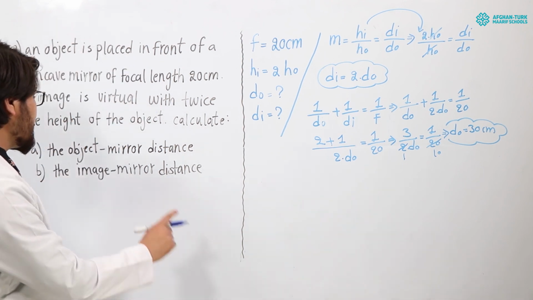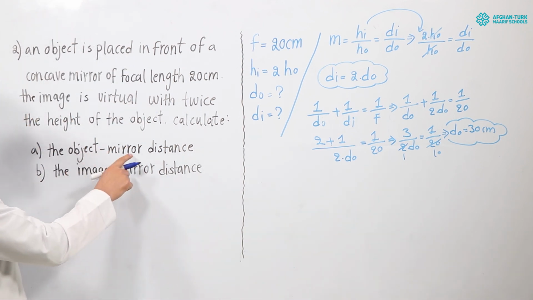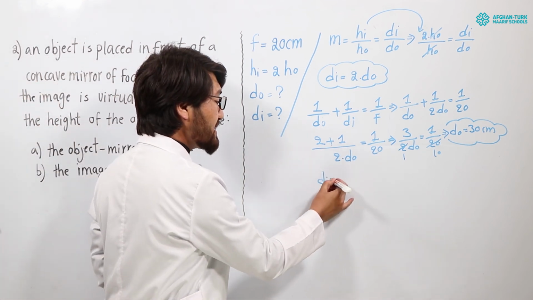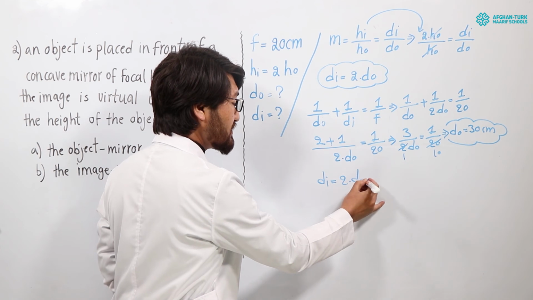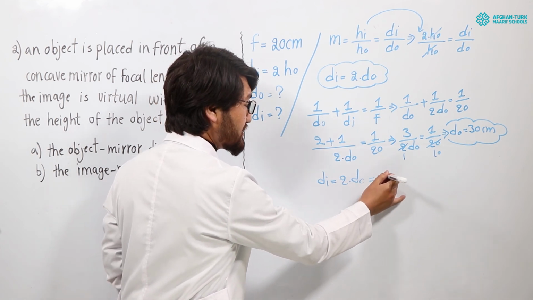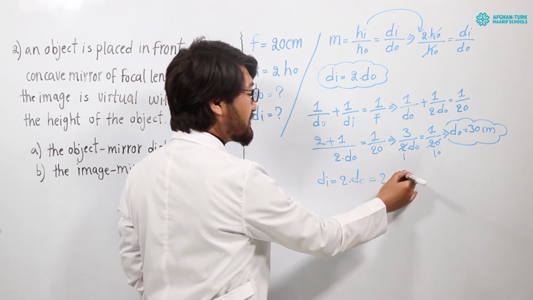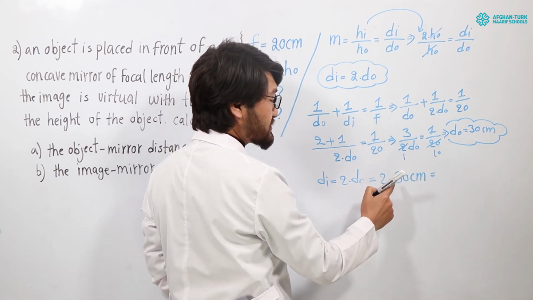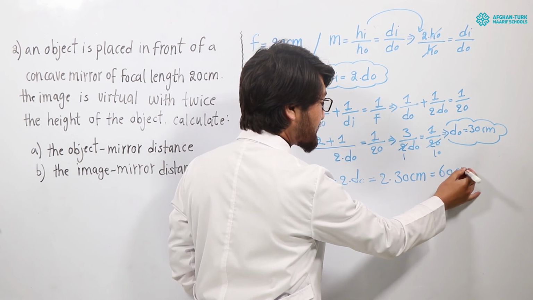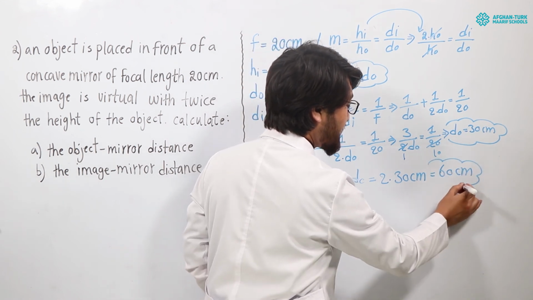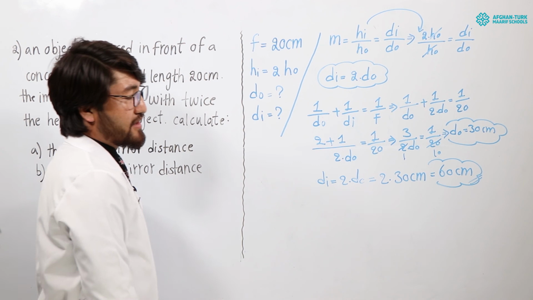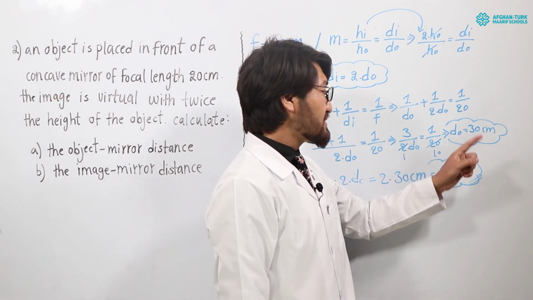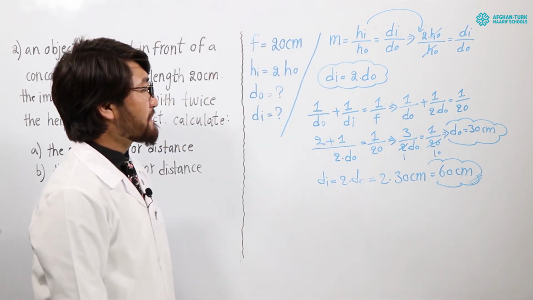And we found the object mirror distance, DO. Now we find DI. DI is equal to 2 times DO. What is DO? 30 centimeter. 2 times 30 is 60. The distance of the image from the mirror is 60 centimeter, and the distance of the object is 30 centimeter.